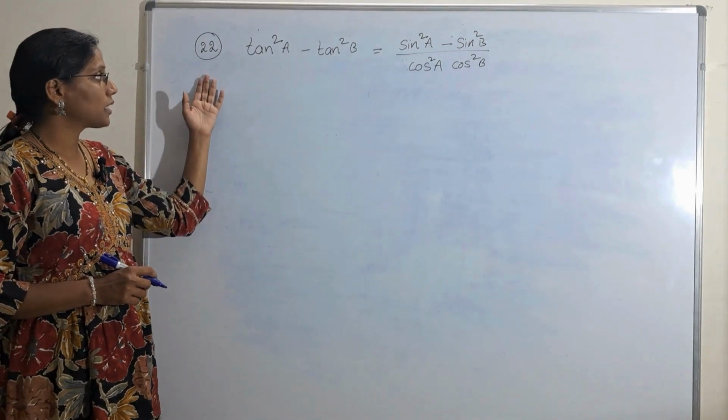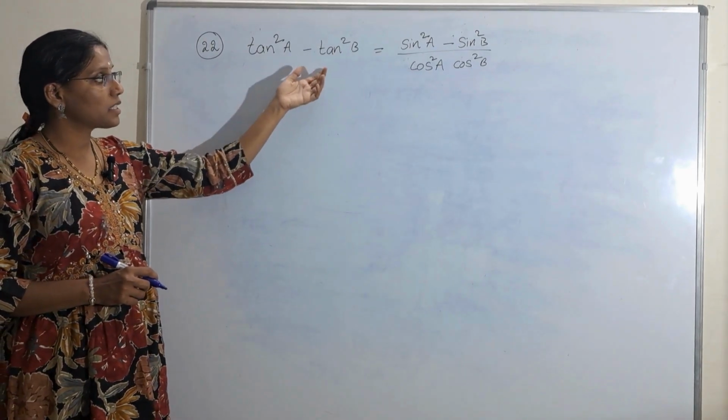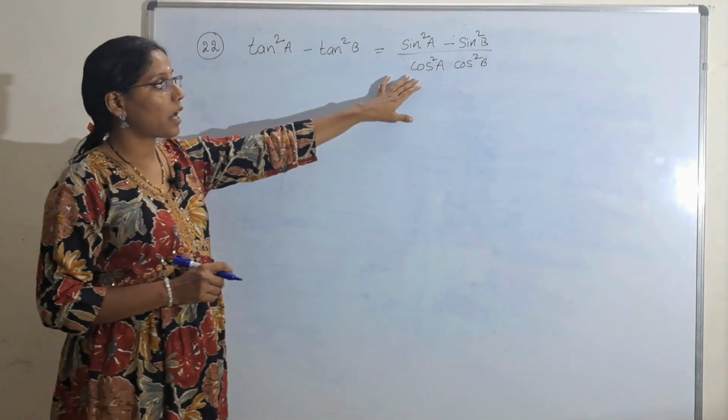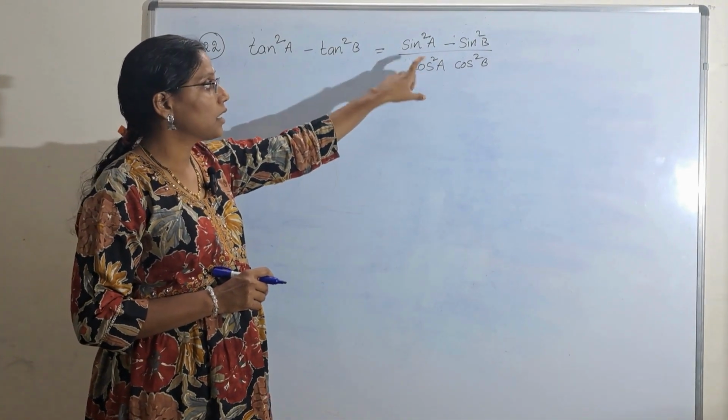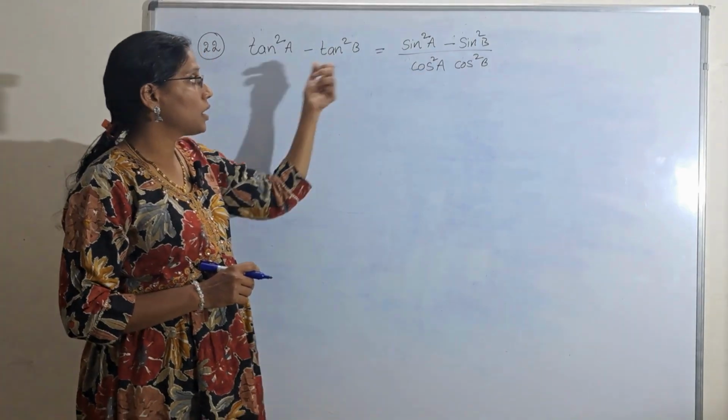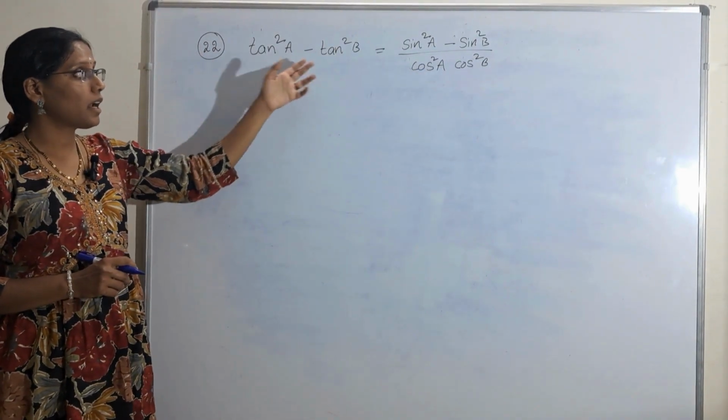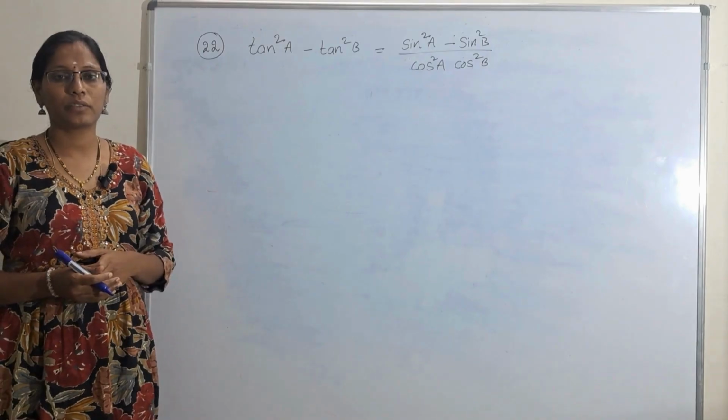Next problem is 22nd. Tan square A minus tan square B is equal to RHS, we have to prove. RHS terms are sin and cos. So on the left hand side tan A and tan B we have to write in terms of sin and cos.